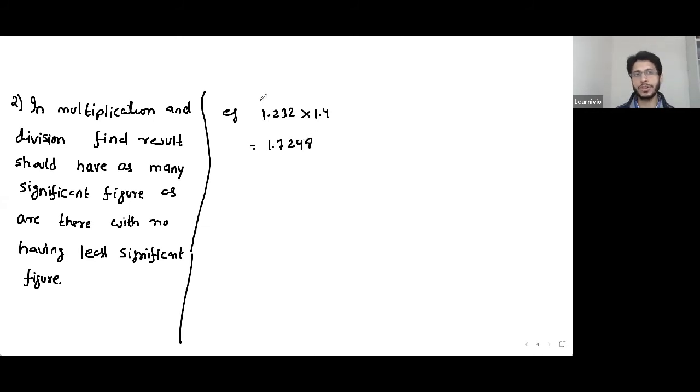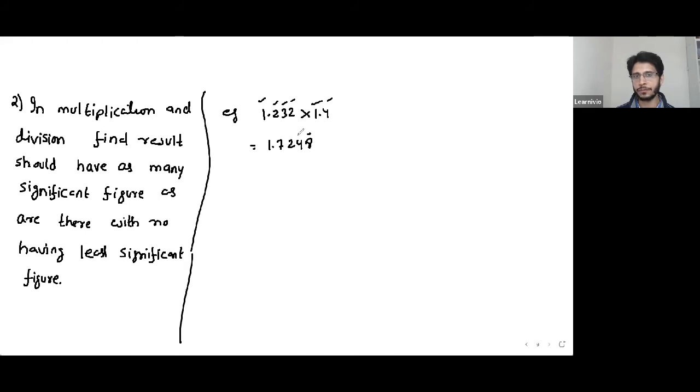Now count the number of significant figures. You have 4 significant figures here and 2 here. So the final result should have 2 significant figures. So just round it off up to 2. 8 is more than 5, so this 4 will become 5.